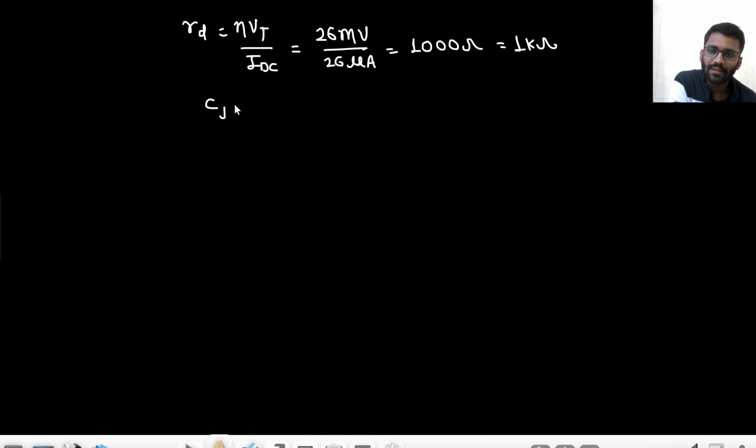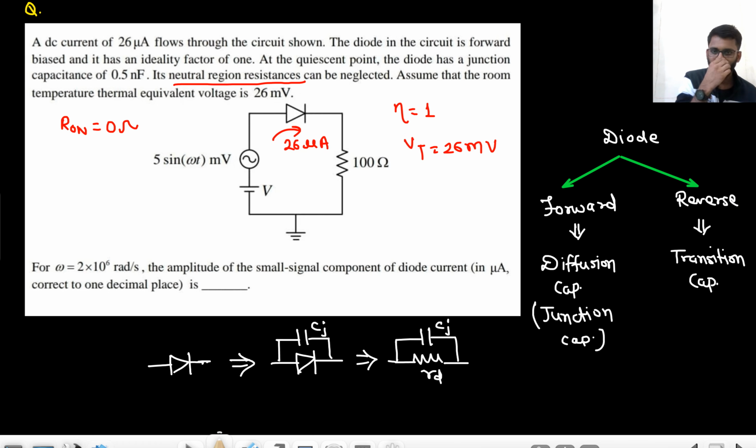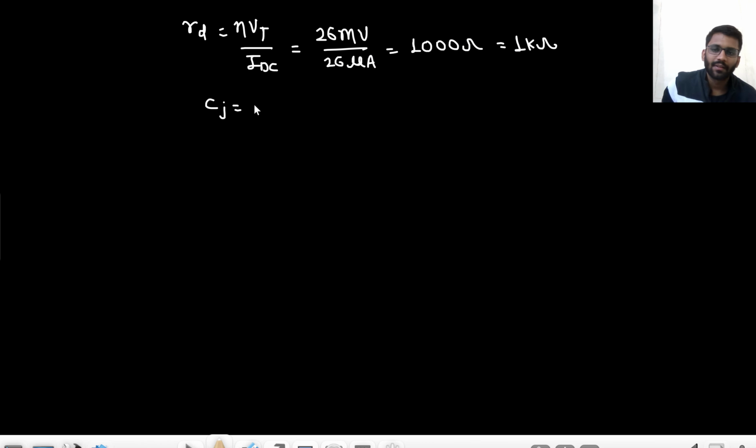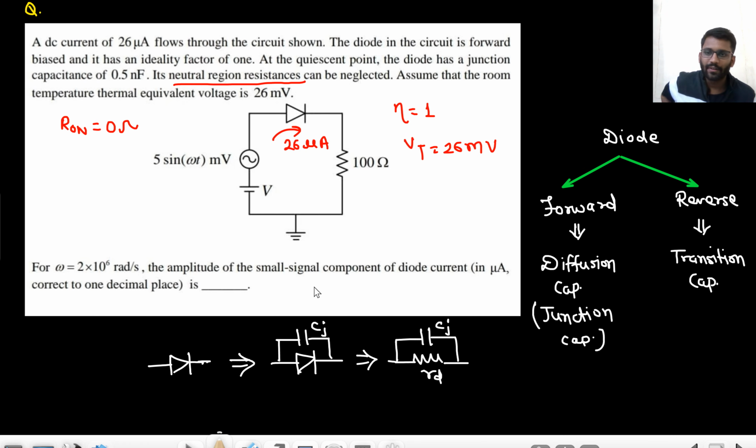My C junction is given as 0.5 nanofarad. What will be my equivalent circuit? I need to find the current value for 5 sin omega t; only the amplitude, and small signal. So forget about DC, it will not come, only small signal.